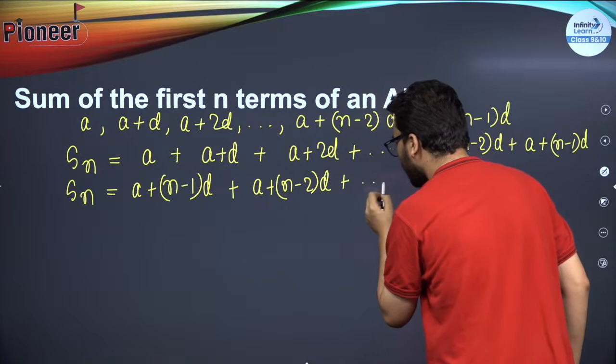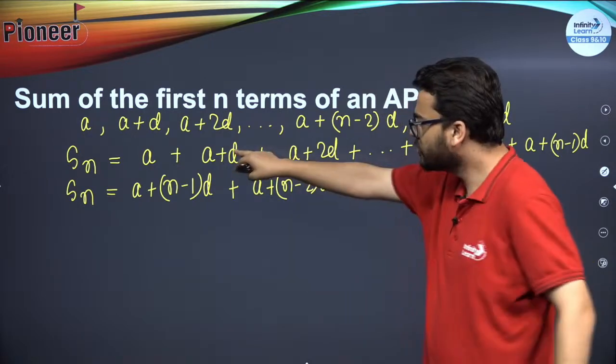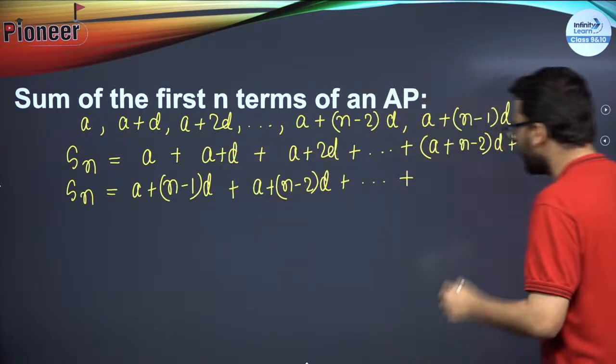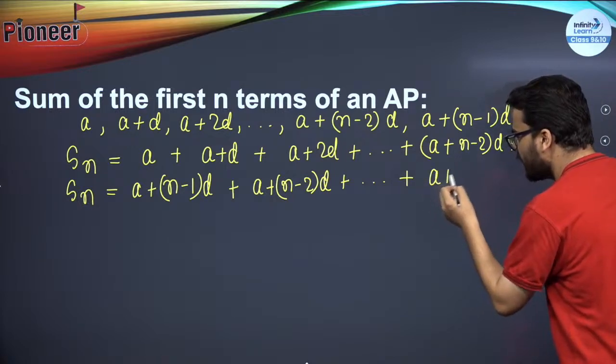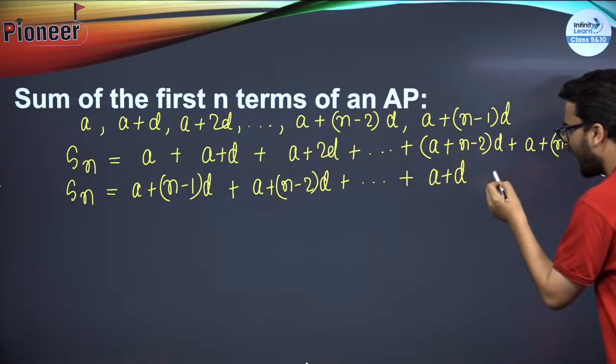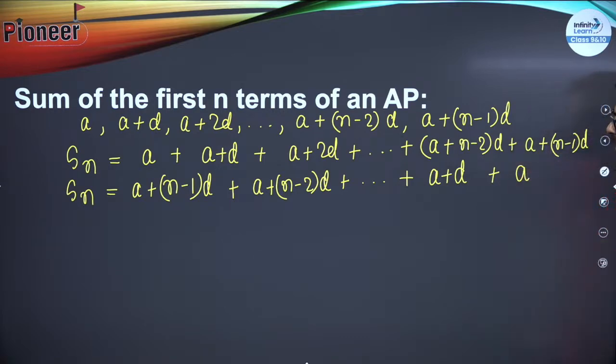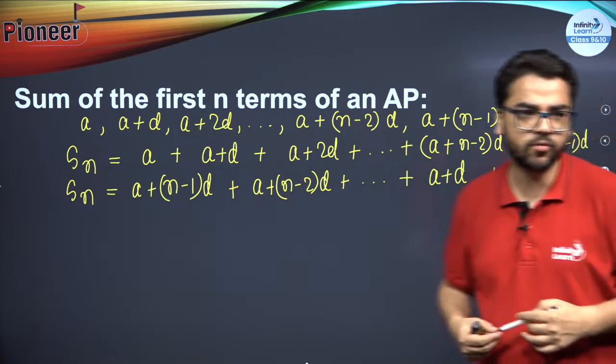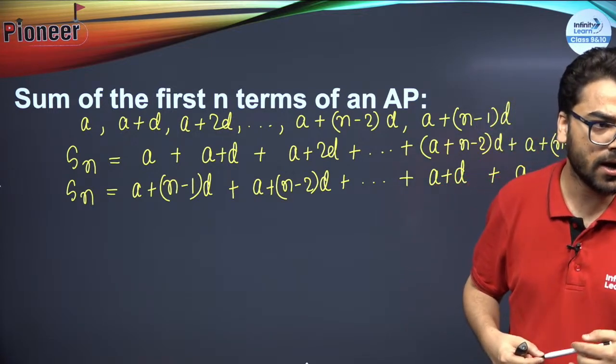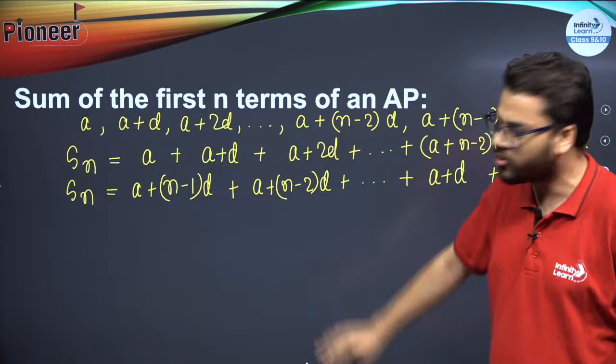So dot dot dot, where will it go, guys? You see, this a plus d will come over here and a will come over here. Do you agree with me, guys? Is this clear to every student over here? Ayusha, Shreya and Shravani, is it clear to everybody?